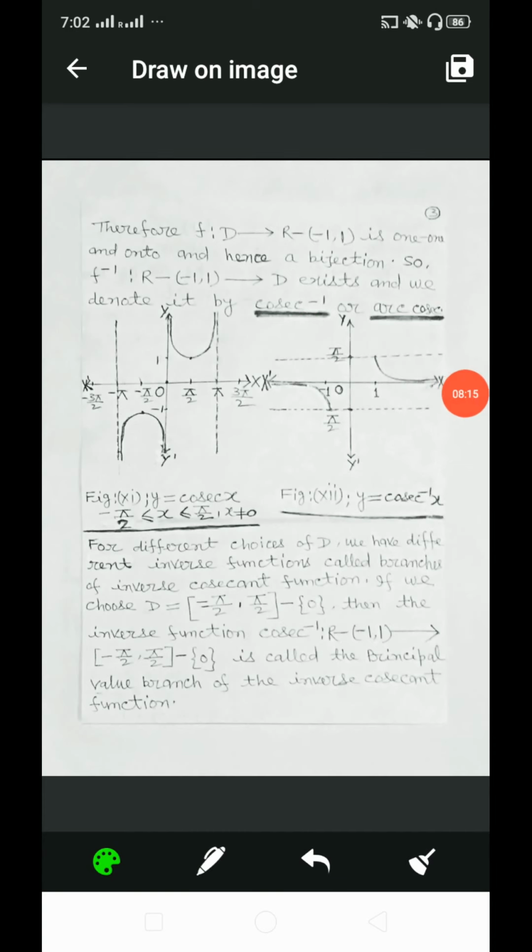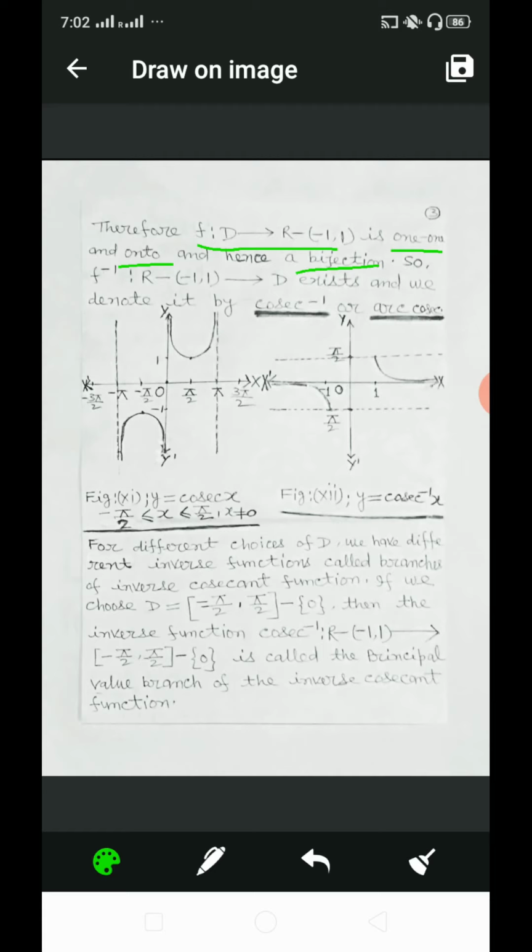Therefore, the function from D to R minus the open interval (-1, 1) is one-one and onto, and hence a bijection, meaning it is invertible.